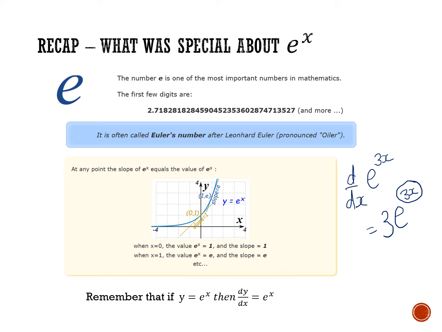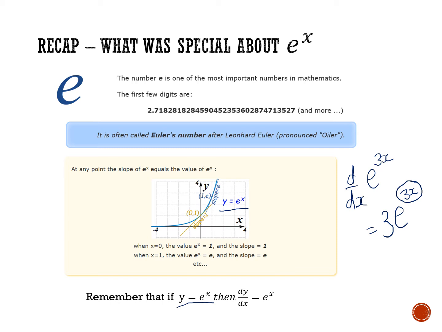But if you think about differentiation, that's the gradient function for the original function that I started with. So what is special about the value of e is that when you draw the graph, the gradient of the graph at any point has the same value as the original function. Basically its rate of change is proportional to the original value of the function.